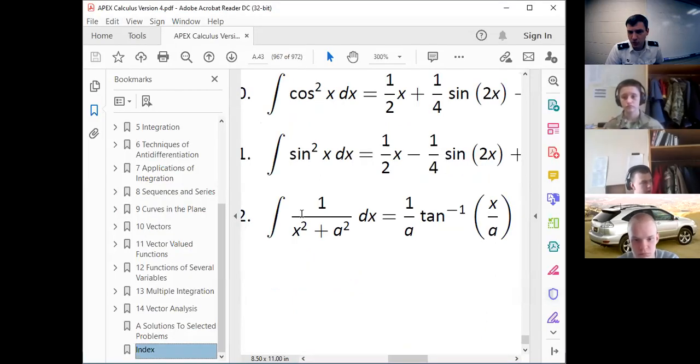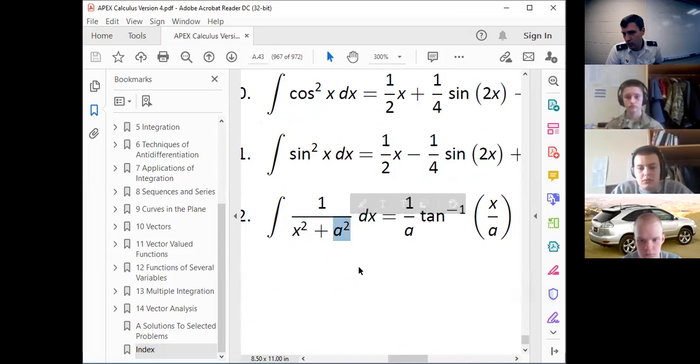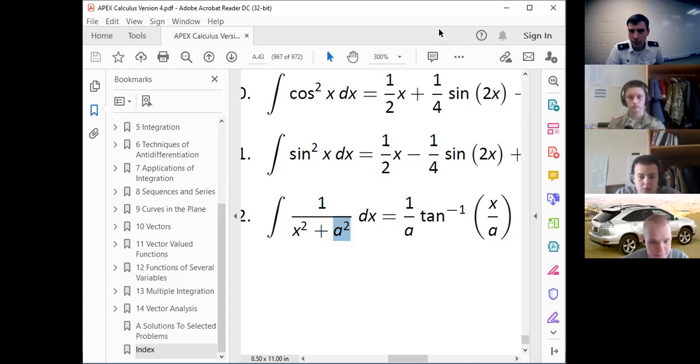The back of the book says 1/(x² plus a²) turns into 1/a arctangent of x/a. And in our case, this was actually u², and that's okay, I can make that substitution. And this was 4. And so if that was 4, this becomes 1/2 arctangent of u/2. Does that help? Good.